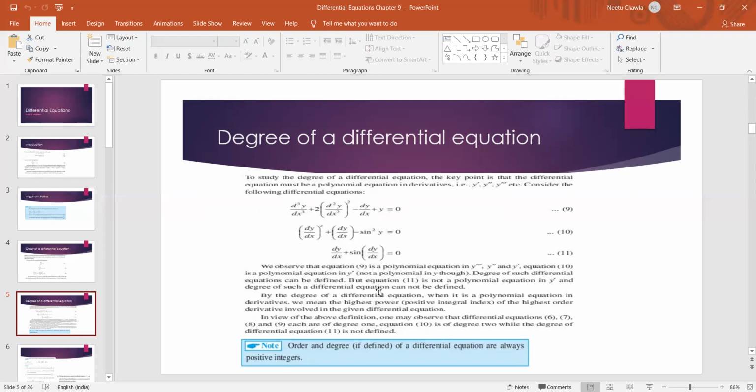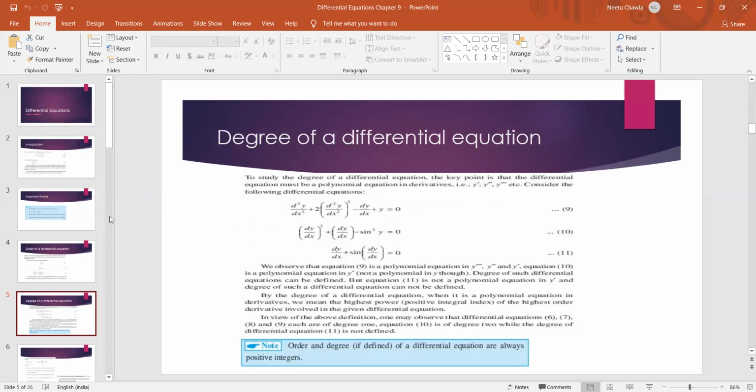We observe that equation 9 is a polynomial equation in y triple dash, y double dash, and y dash. Equation 10 is a polynomial equation in y dash, not a polynomial in y though. Degree of such a differential equation can be defined. See for equation number 9 and equation number 10, you can easily tell the degree.